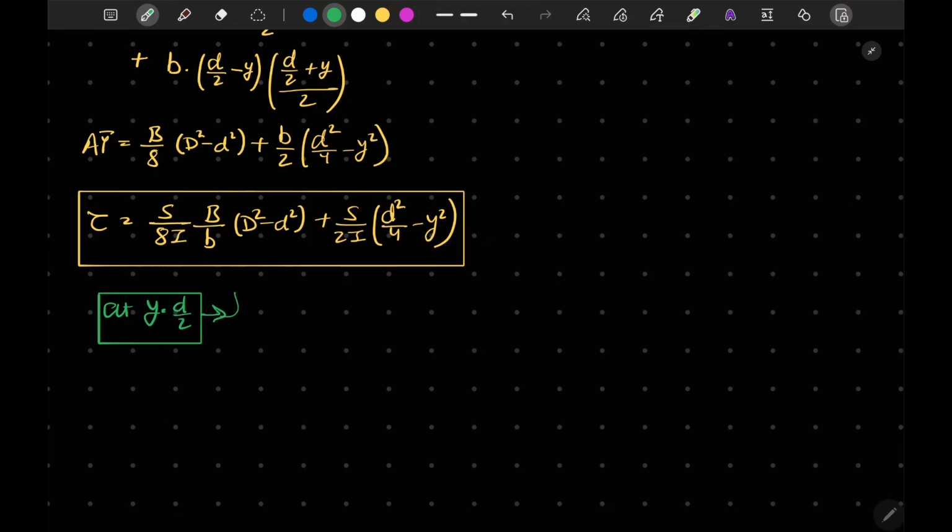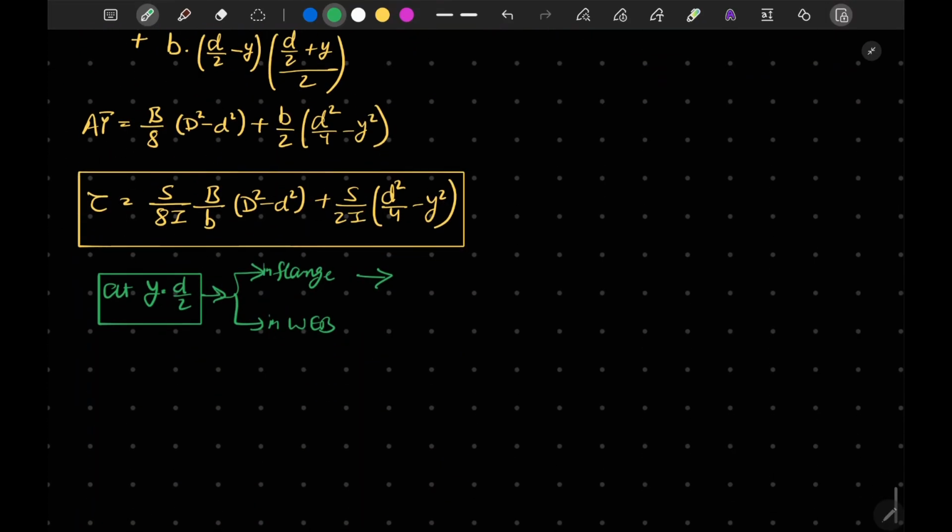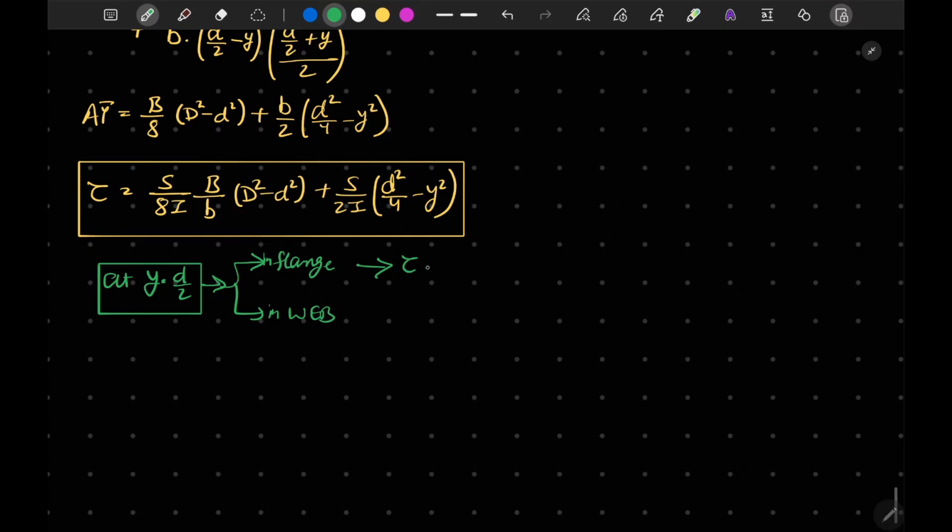First is in the flange and second is in the web. In the case of the flange we will consider this equation, and from here tau at d by 2 will be S upon 8I times d square minus d square.